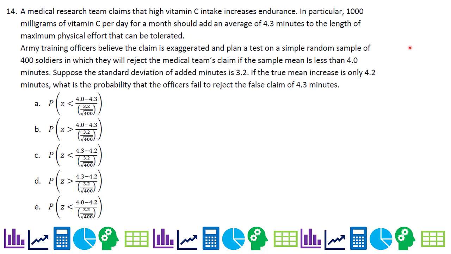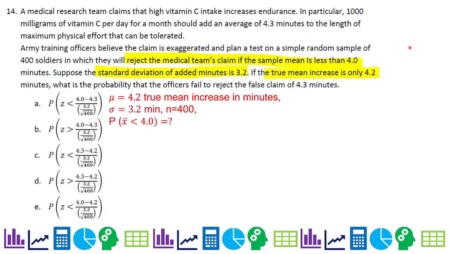So we're actually talking about sigma. They're going to reject if our sample mean is less than 4. There's our true standard deviation, and there's our true mean. I went ahead and wrote all these down, and we remember that we're actually taking samples of 400. So my sampling distribution will have a mean that's the same as this population mean, which is 4.2.